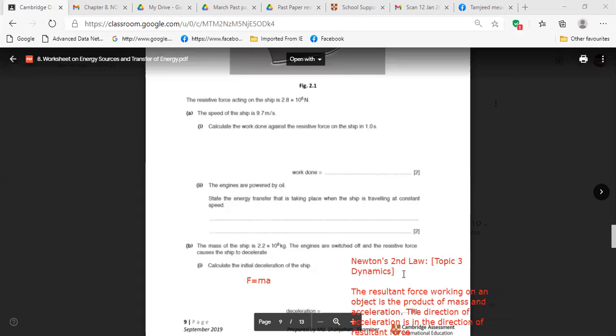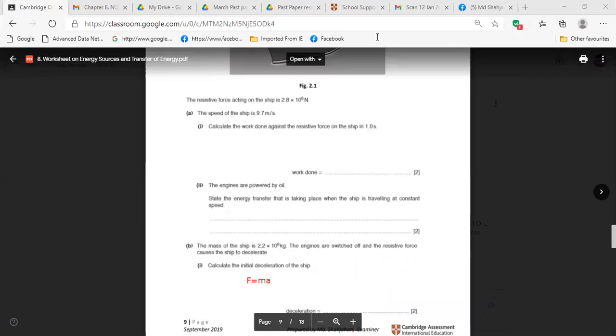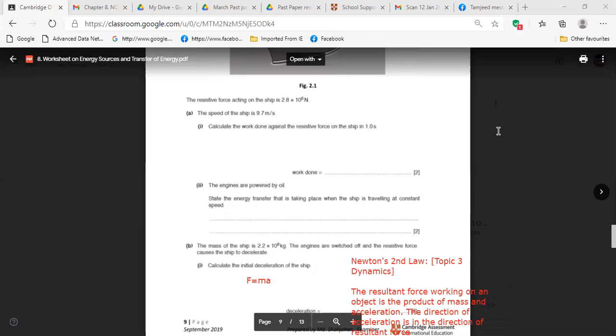Are you seeing, all of you? Yes, sir. The resultant force working on an object is the product of mass and acceleration. The direction of resultant force is in the direction of acceleration. Have you written?